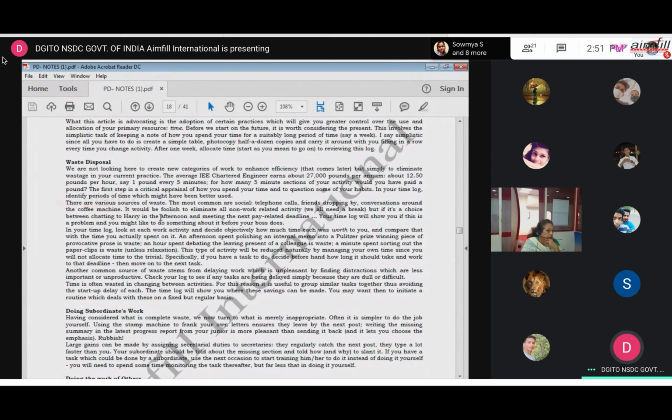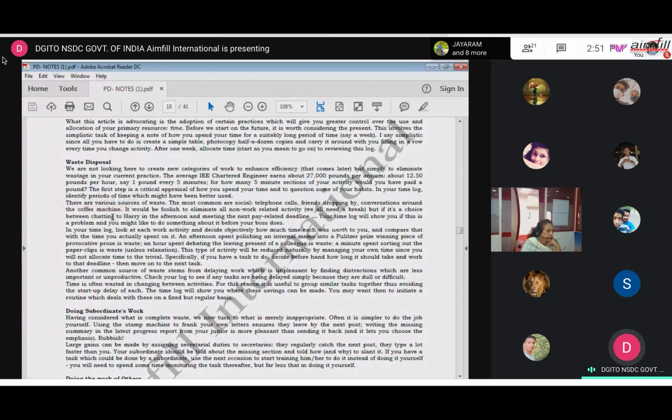There are various sources of waste. Most common: telephone calls, friends dropping by, conversation around the coffee machine. People go to drink coffee every 2 minutes in the office, every 5 minutes chai ka break. It would be foolish to eliminate all non-related activities. We all need a break.